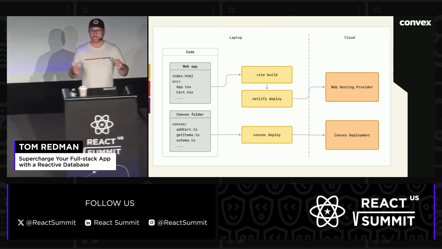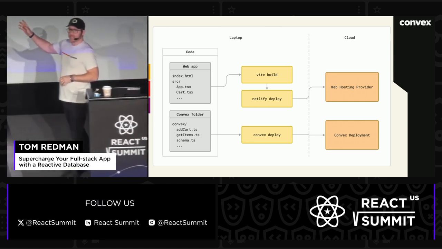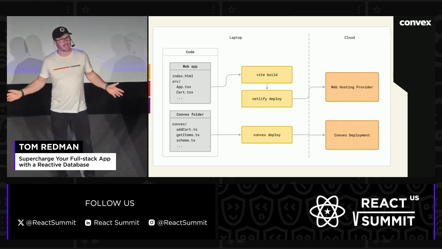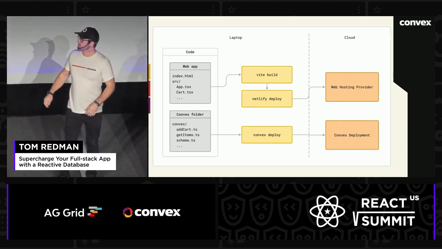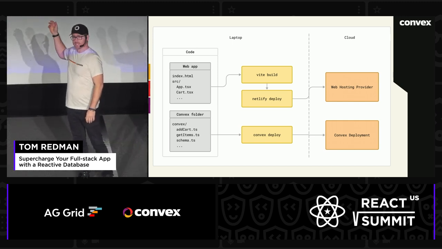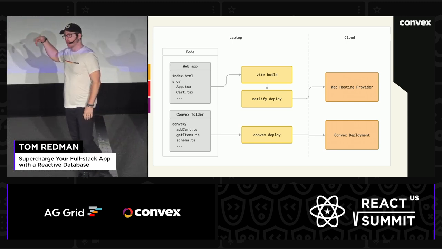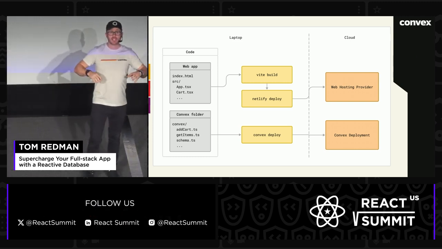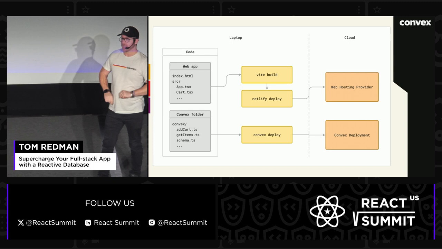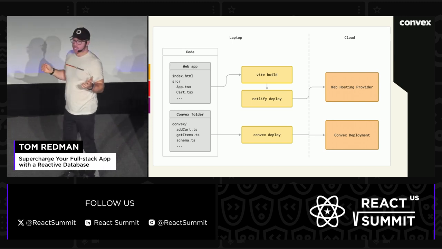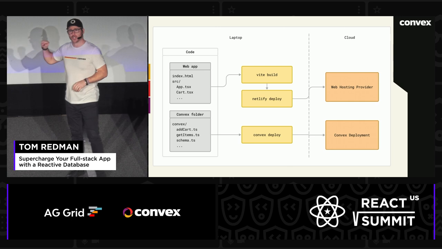So in general, the way that it works is that you write your Convex code right alongside the rest of your code. In this example that we'll go through today, it's React and TypeScript. We have clients for a whole bunch of different languages, but you put it all in the same repo. NX is amazing. If you saw that talk, they do monorepo management. In this case, you don't need that.